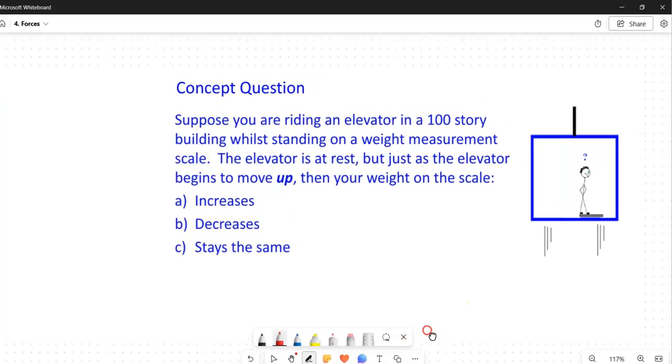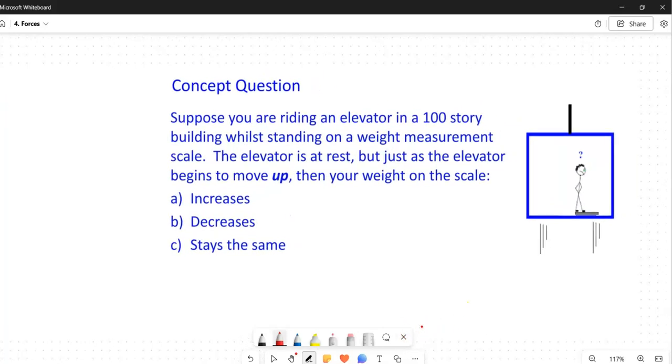Now, we've all experienced inertia in different ways. Suppose you're in an elevator at the bottom of the building, and you get in and hit the up button. The elevator's not moving, and then it's a really fast elevator, and it begins moving upwards, speeding up as it goes.